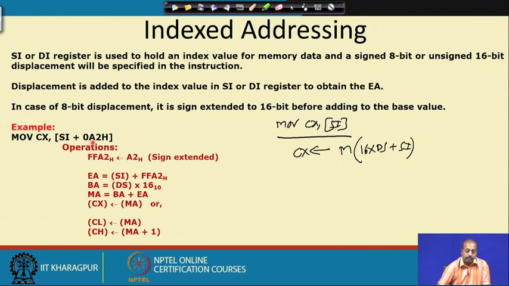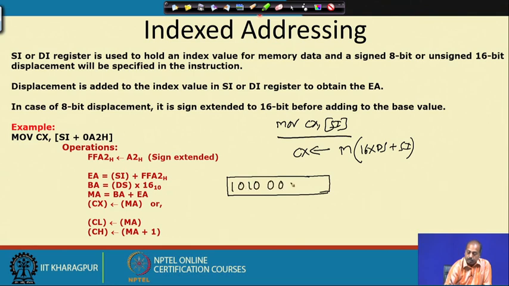This is sign extended. You see this particular number A2. If you take the 8 bit notation, then A means 1010 and 2 is 0010. In that 8 bit notation, the most significant bit is 1, which means this is a negative number. So, before doing the addition of SI plus 0A2 hex, this is extended to 16 bit.